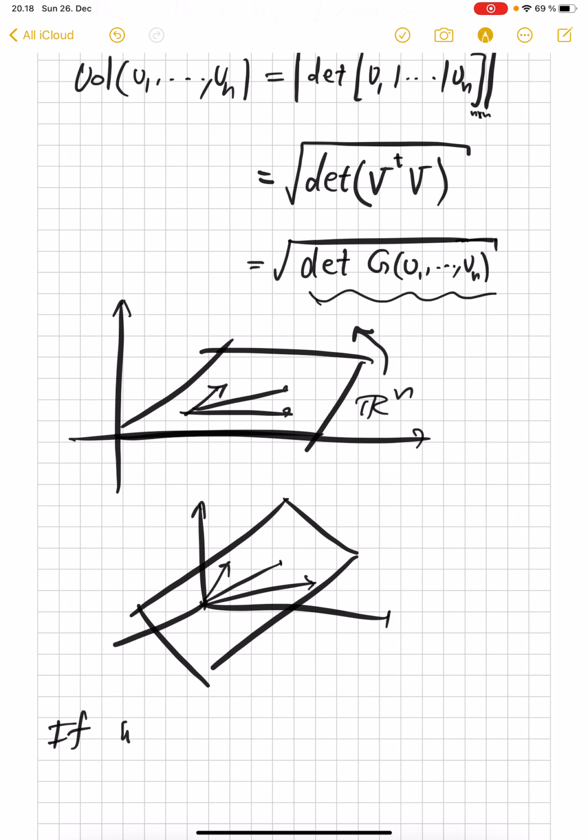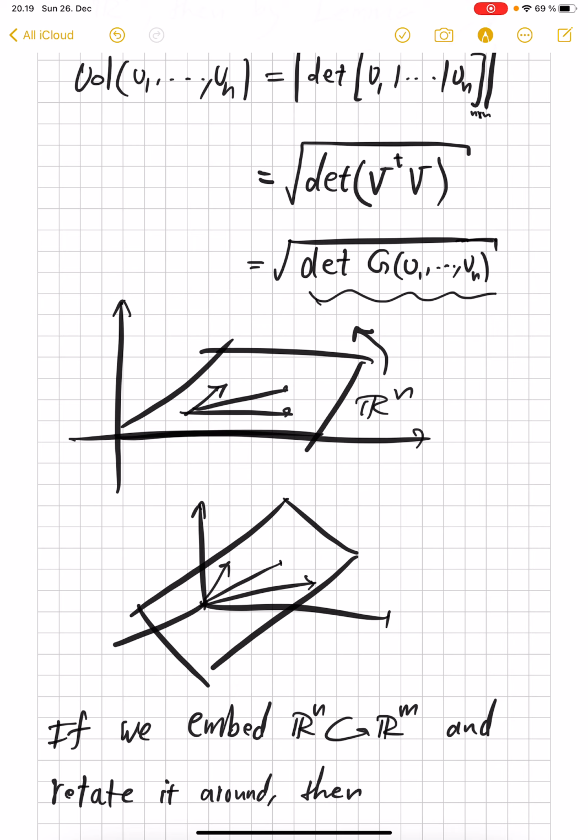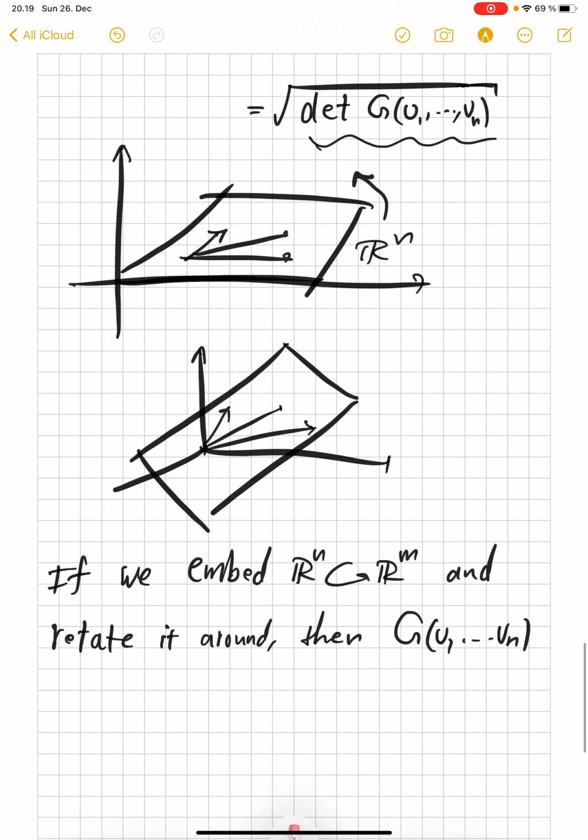So if we first embed R^n inside R^m and rotate it around, then the gram determinant of v1, ..., vn does not change.